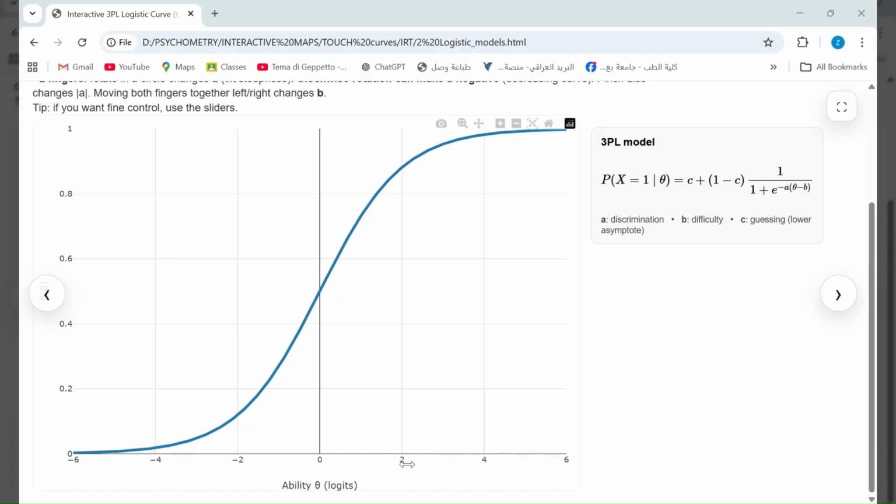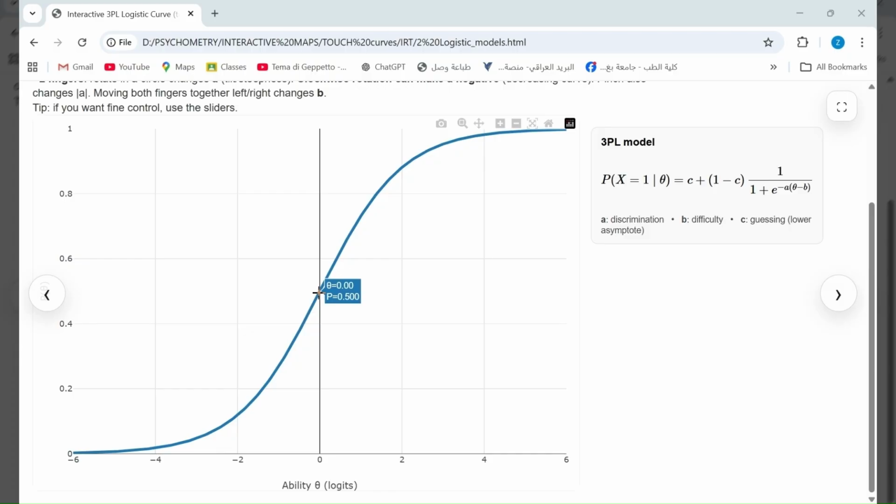So, for example, students here, who have zero logits, have around 0.5 probability, like half probability, of answering the question correctly. So it's like 50-50.